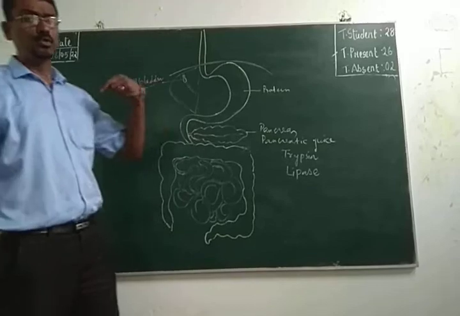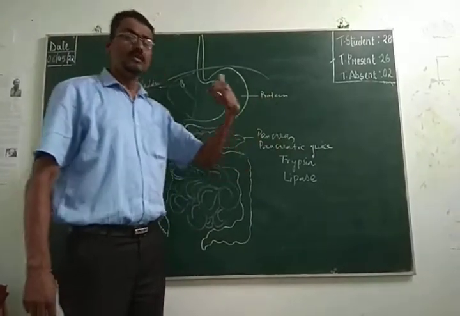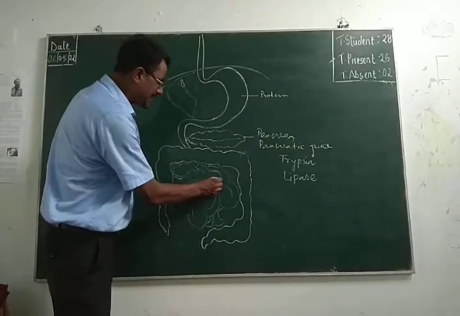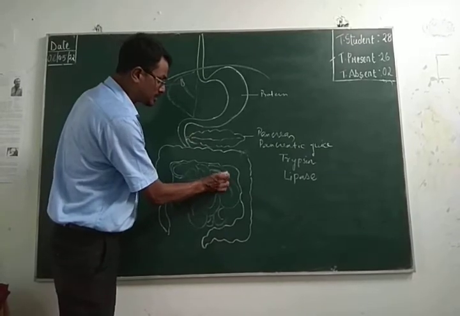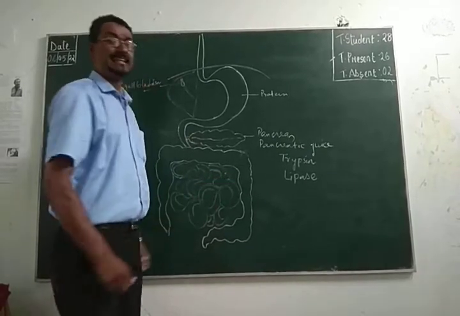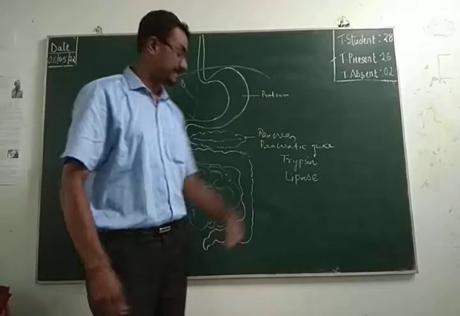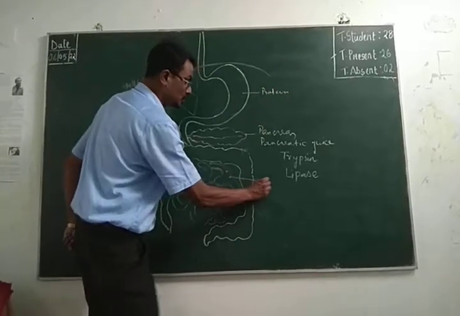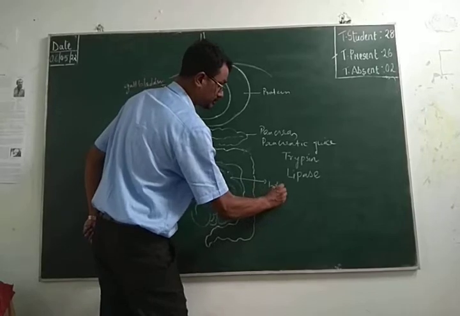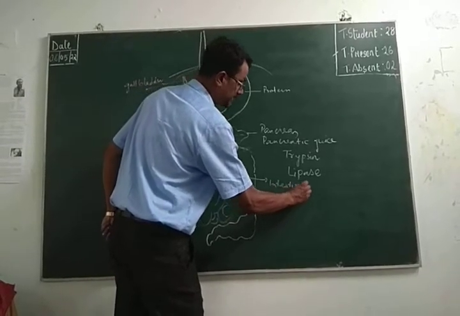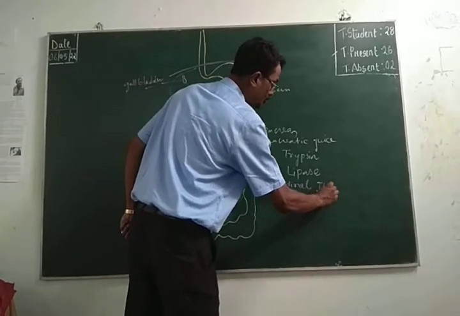Now, we need to know two most important things related to the small intestine. Inner lining of the small intestine. This is the inner lining. Small intestine has many glands called intestinal glands. It gives out intestinal juice.